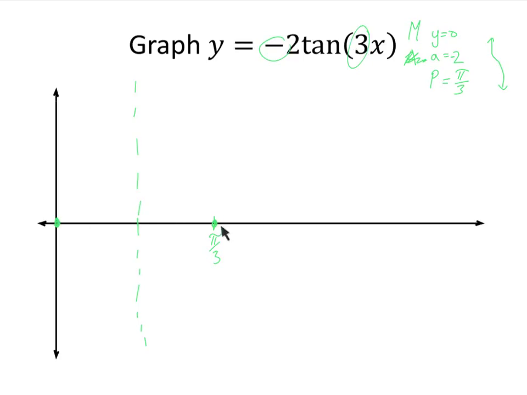So we have starting here, ending here, asymptote down the middle. It's a -2. So what that means is halfway between here and here, I'm going to go down 1, 2. All right, and then halfway between here, I'm going to go up 1, 2.